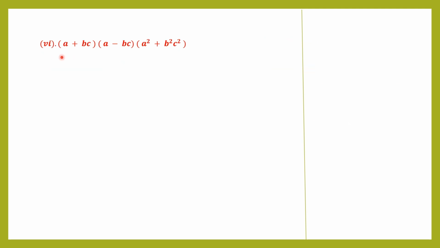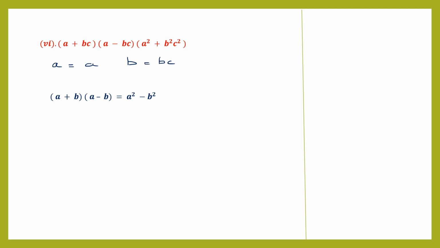Question 6. Here also we have three binomials to be multiplied. So first, let's take the first two binomials. As you can see again, this is in the format of a plus b into a minus b. So we'll take this as a and this as b. So the first term a is a itself and b is bc. Now let's apply the formula.